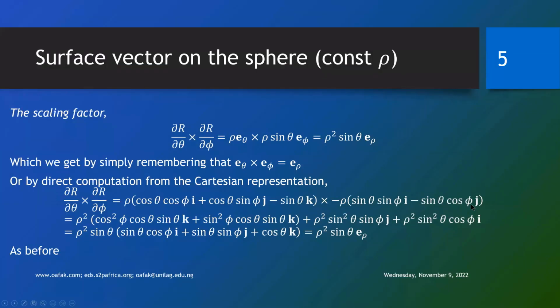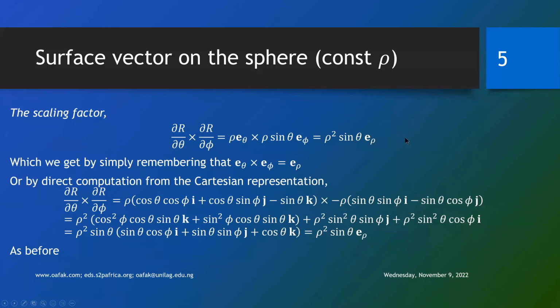So if you have this now, you will see that if you take the cross product of this bracket, of this row times this bracket, minus this row times this bracket, and you open the bracket, noting that i cross i is 0, i cross j is k, j cross i is minus k, j cross j is 0, k cross i is j, and k cross j is minus i. If you do all of that and you open these two brackets, you will find the same answer that you could have obtained here.